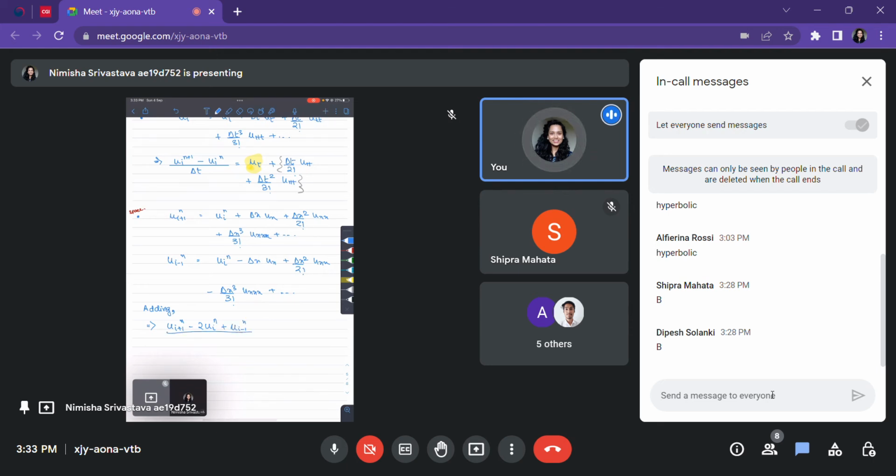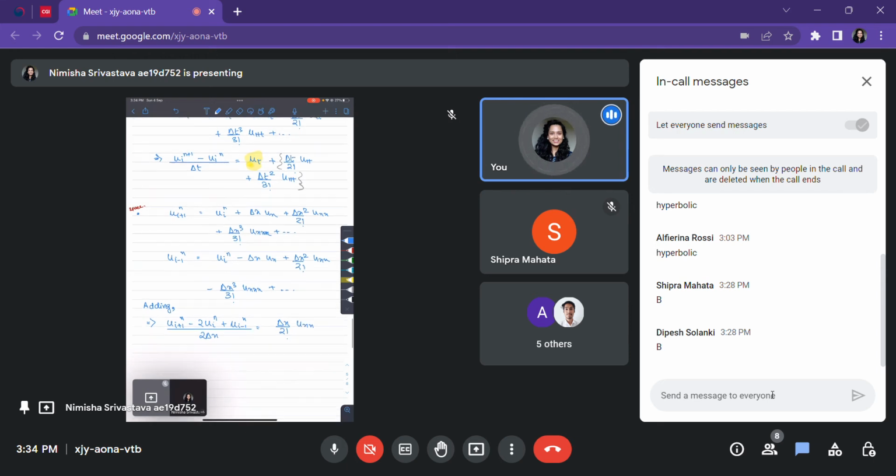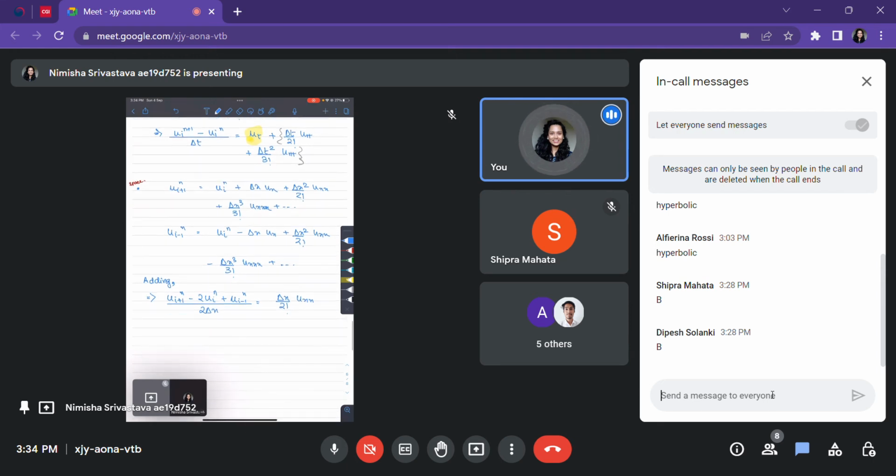So what is my truncation error? I have delta x squared over 2 factorial u_xx plus... okay, so the odd terms have been cancelled out, right? Oh no, but then I don't want that.